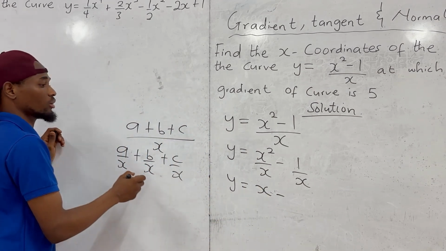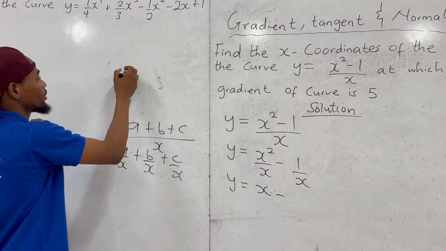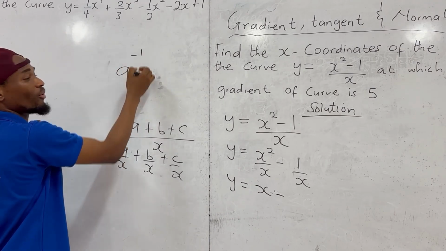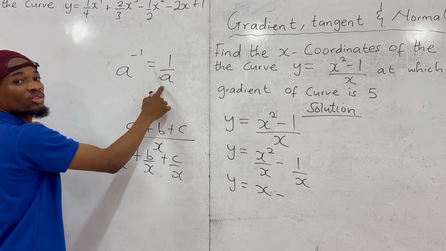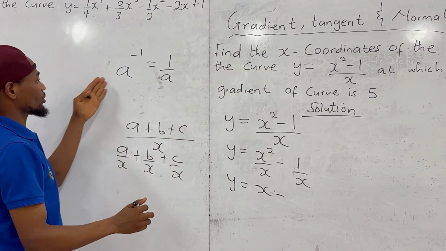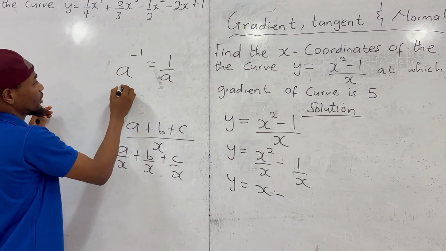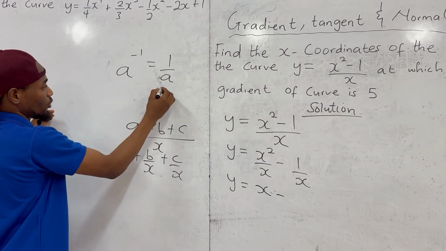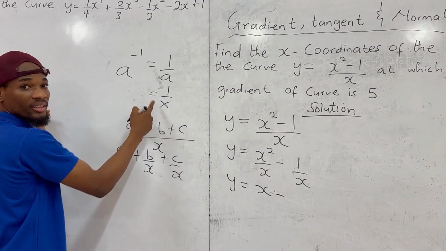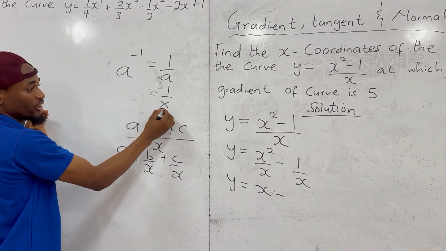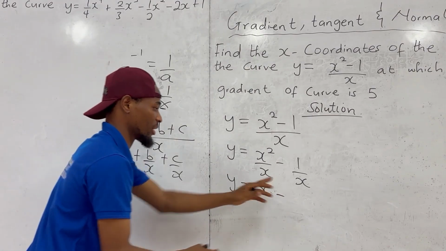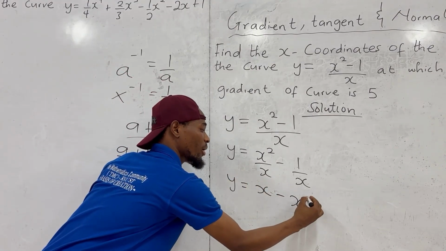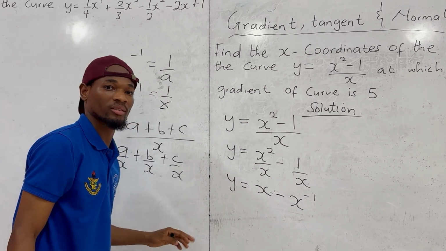According to the law of indices, a to the power -1 is the same as 1 over a, provided a is not equal to 0. So 1 over x is the same as x to the power -1.